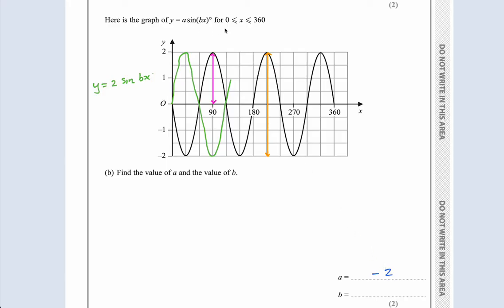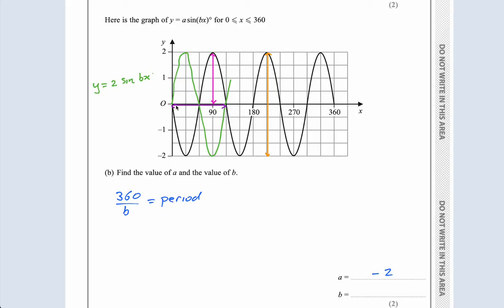Then we find b. Okay, so the formula to find b is, we know 360 divided by b is equal to the period of the function. Now the period of this function is how far does it go before repeating itself? Well, it goes from here to here.